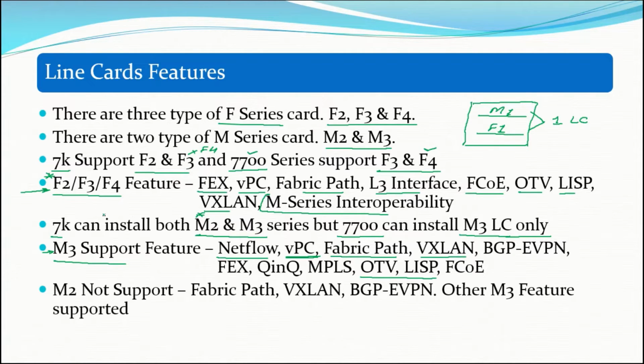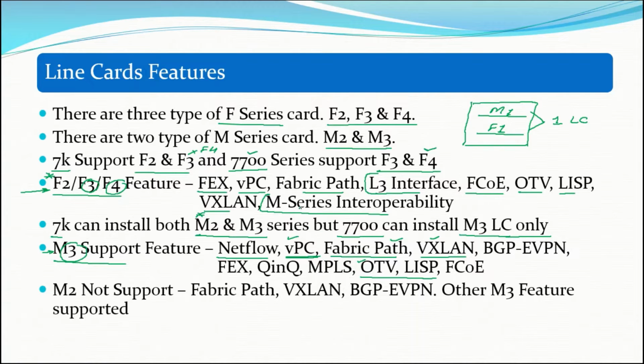So later onward, the new generation M3 or F3, F4, these generations are going to support our latest interface, latest series, latest features. These interfaces support layer 3, and these M series support the layer 2 technologies.